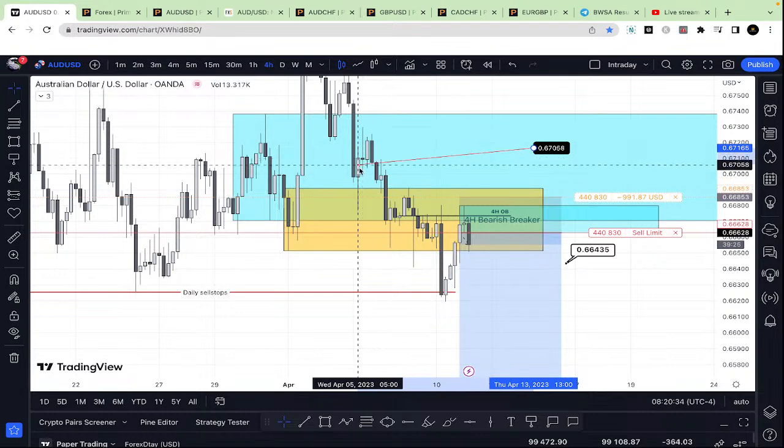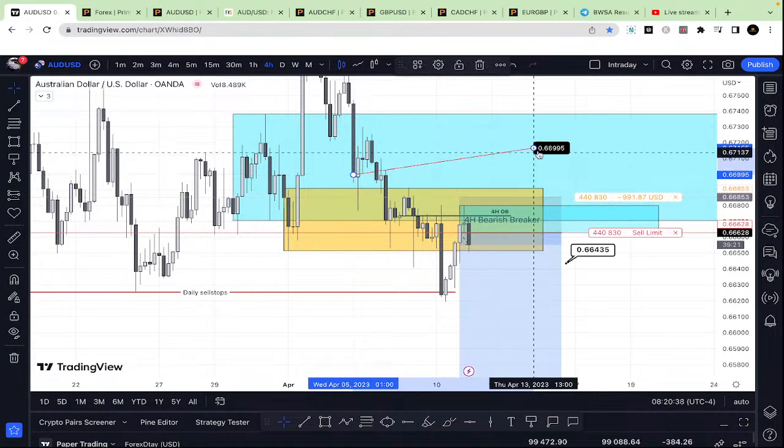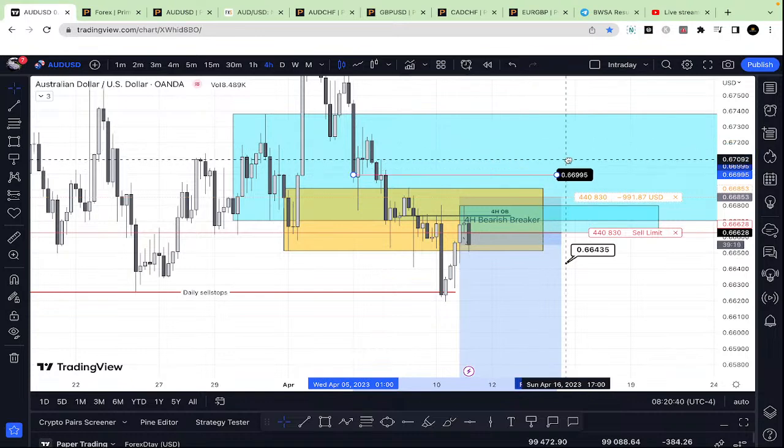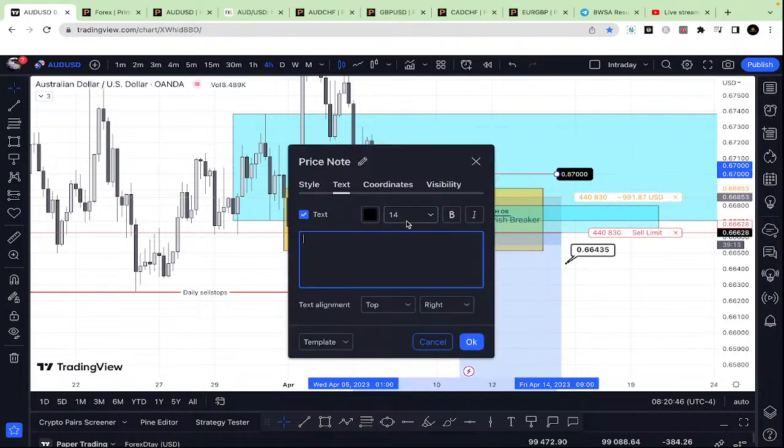You can just notate that level. That's all I like to do with these, is notate that level. Sometimes I'll draw them in, but only if they're lining up with breaker blocks. So that's 06700. We can go prime market terminal level. Prime market terminal supply.